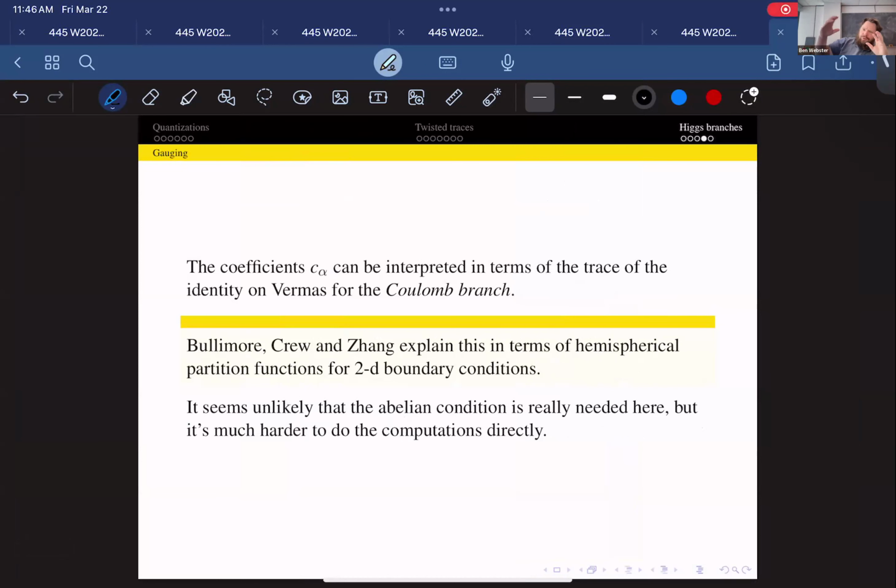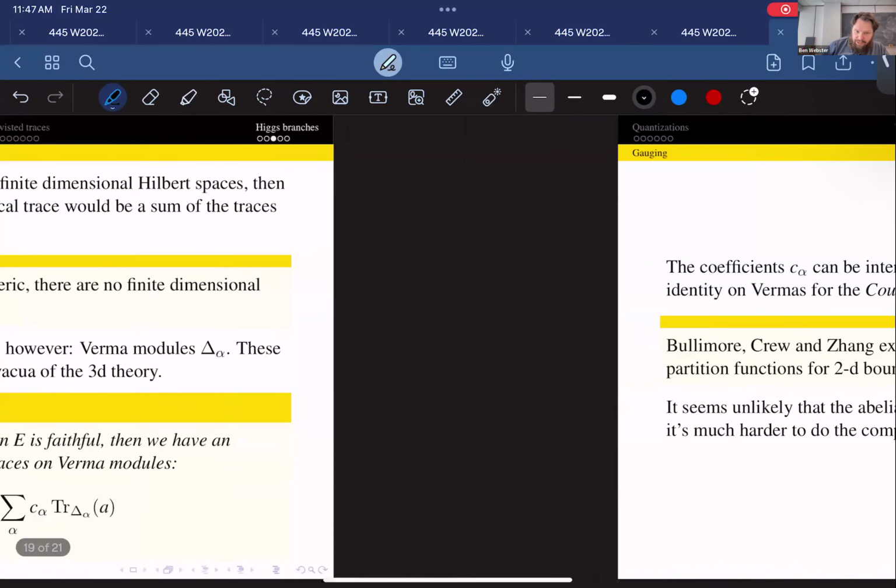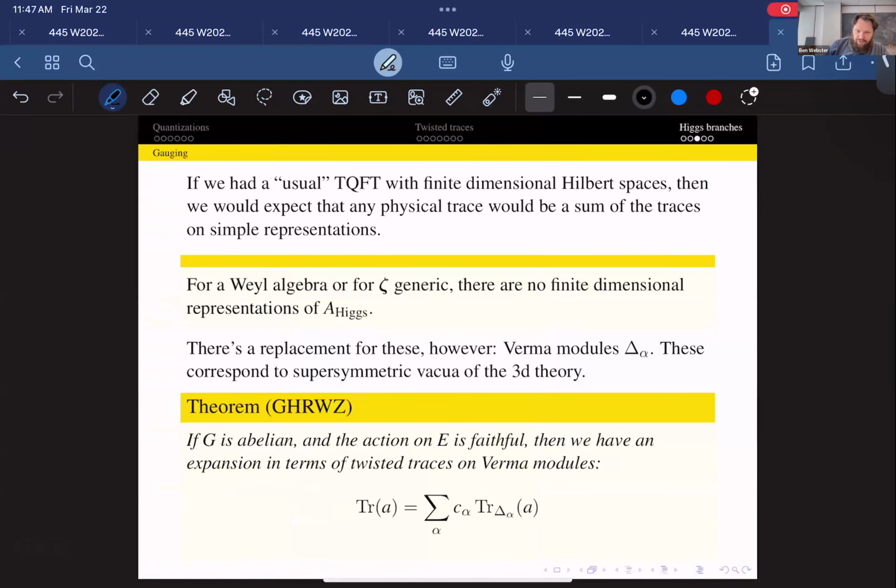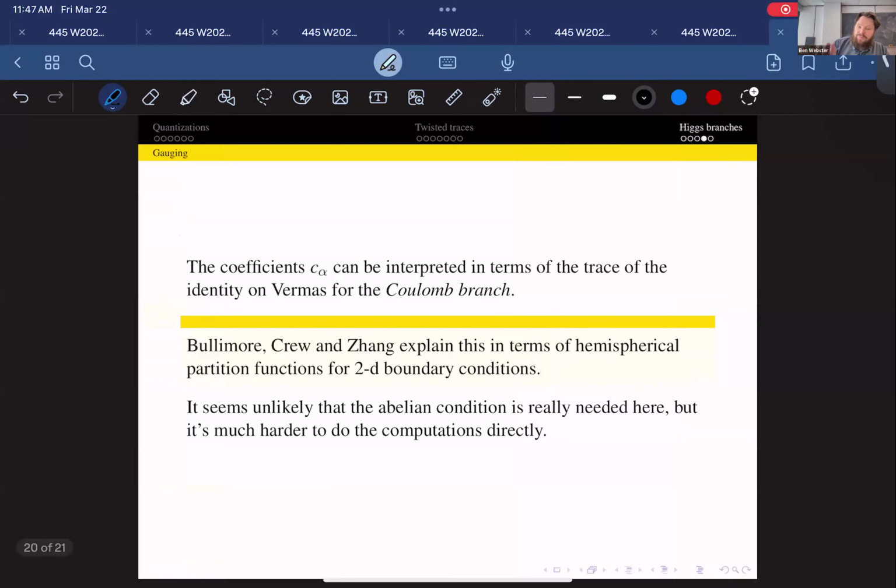They have a picture where you think about different boundary conditions on that two-sphere corresponding to supersymmetric vacua, and you get a sum over those. This explains why these coefficients have another interesting interpretation, because they look like the traces on Vermas not for the Higgs branch, which is what we've been talking about this whole time. This is all for A Higgs, but in terms of the Coulomb branch.